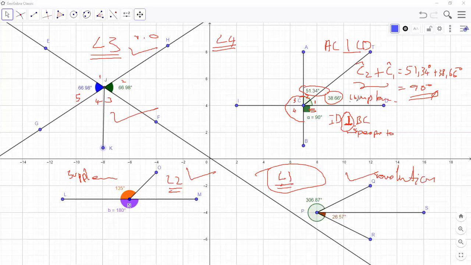You will see this very well in grade 10 and 11. For now, just learn the word and know what it means. When angles add up to 90 degrees, we say they are complementary. Earlier, they added up to 180 degrees, and we said they are supplementary.